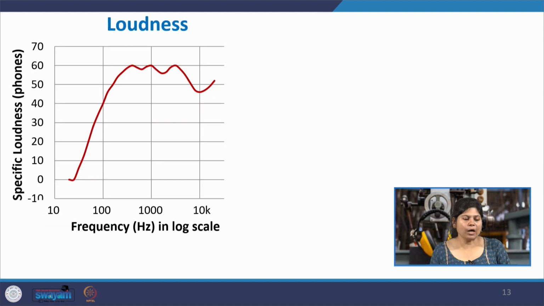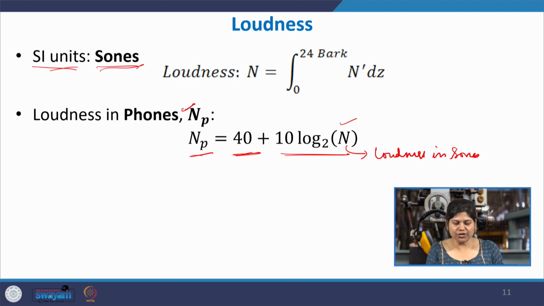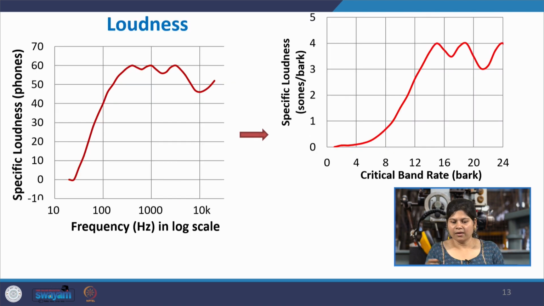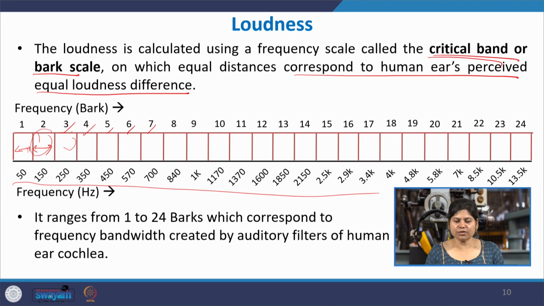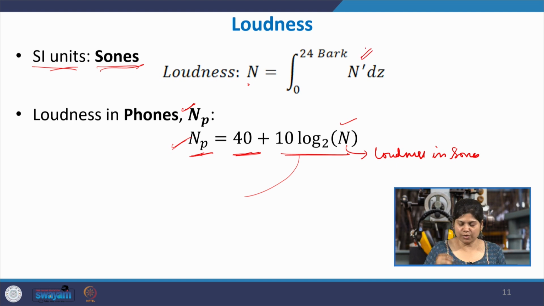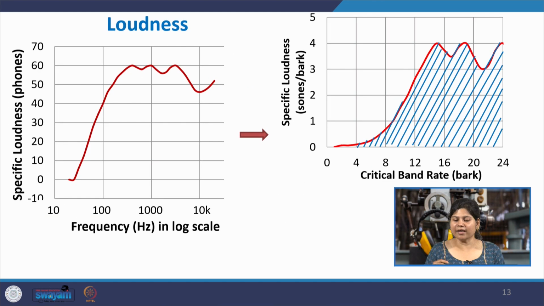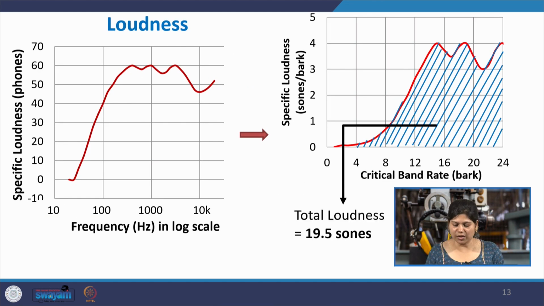Now that you have this graph in phones, if you apply this formulation and convert it back to sones, you get this specific loudness in sones. This is your N dash in sones, and if you integrate it, the area under this curve becomes your total loudness, which is 19.5 sones.